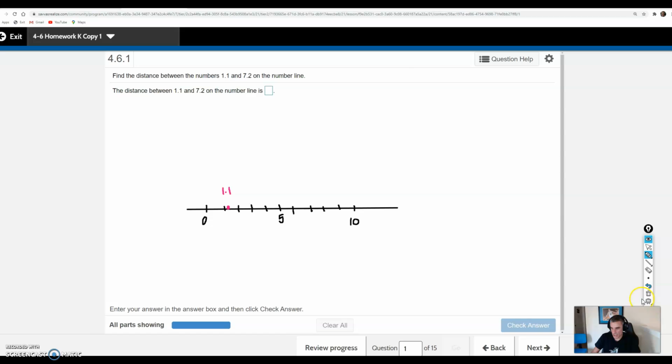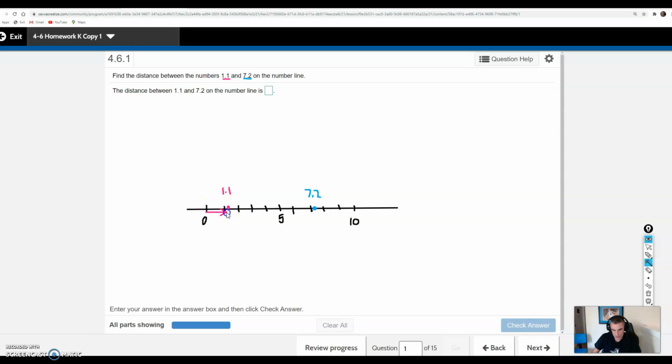And the second number we need to find is 7.2. So here's 5, 6, 7, so 7.2 is somewhere around there. Right there. Okay. So one way to think about this is, 1.1, well, that's the distance of this dot from 0, right?